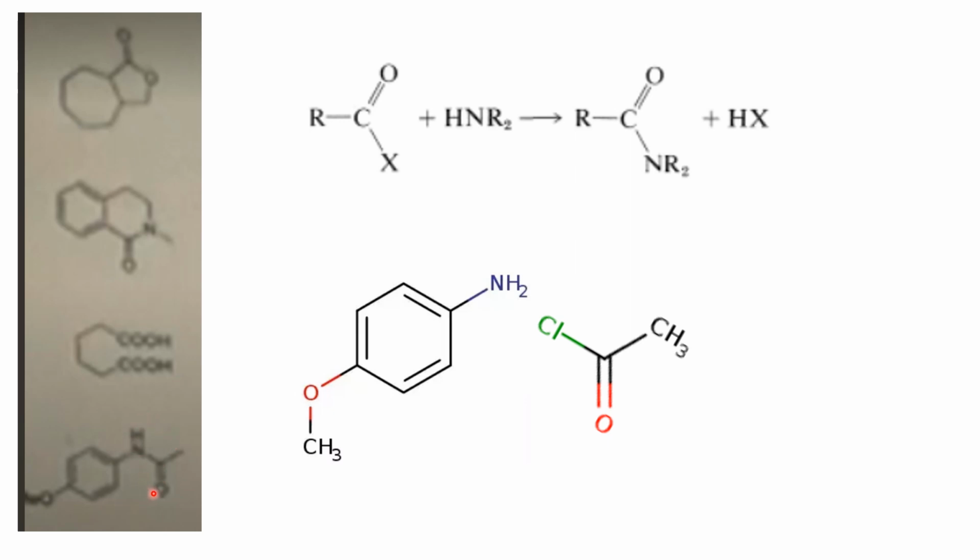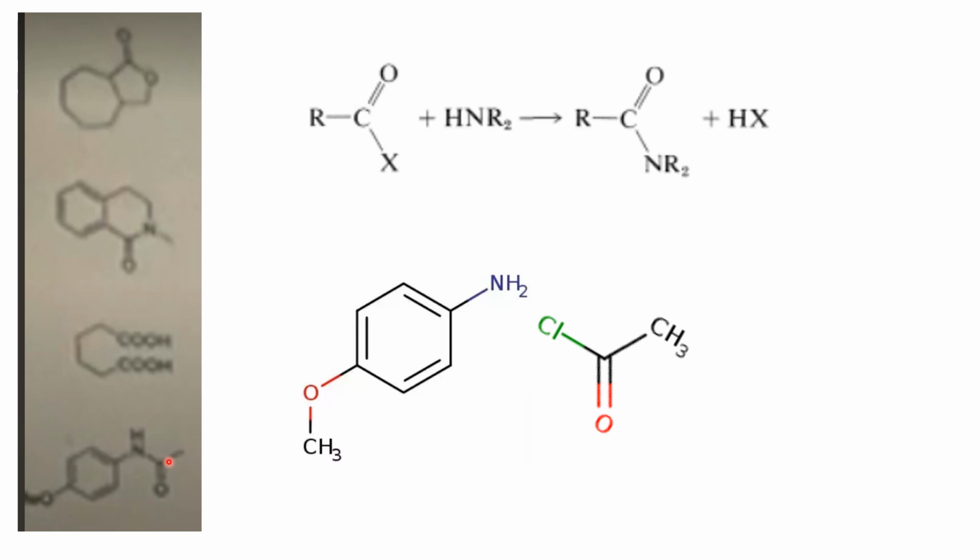Okay, so the last structure is an amide. Okay, now let us recall that to produce an amide, you need an acid halide and an amine. Now, okay, so ito yung iyong amine group and you need an acid halide.